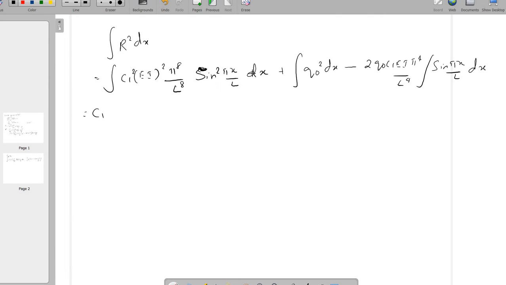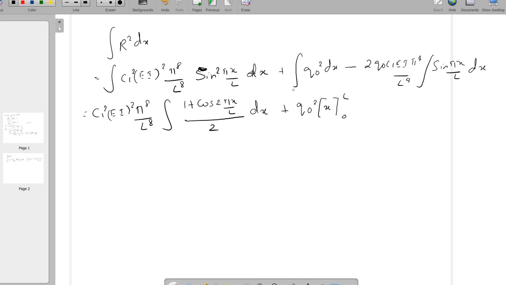Here the constants are C1 square EI the whole square pi power 8 by L power 8 integration of, I am changing sin square pi x by L is equal to 1 plus cos 2 pi x by L divided by 2. Sin square x equal to 1 plus cos 2x by 2, because we can't integrate directly the sin square pi x by L. So we are changing into 1 plus cos 2 pi x by L by 2 into dx, plus q naught square x.